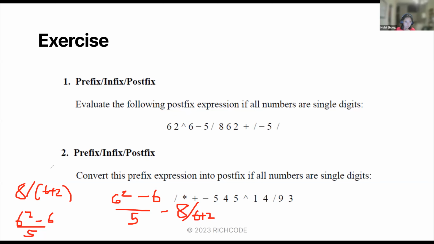We have another 5, right? And then you have it divided. So then this becomes all of this divided by 5. And then let's see, 6 squared minus 6 is 30. Divided by 5 is 6. And then you have minus 8 over 6 plus 2. So it's 8 over 8 is equal to 1.